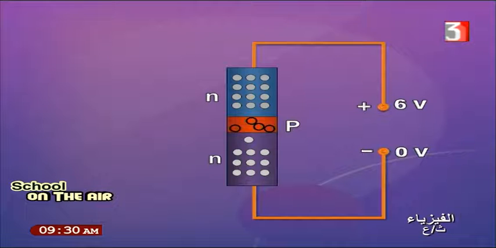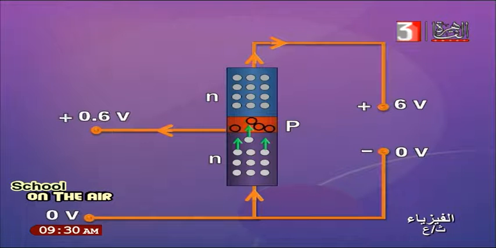And now what happens? We'll do something a little bit different now. What happens when the base is connected to the positive terminal of a 0.6 volt battery? Okay. We want to understand the action of the transistor.